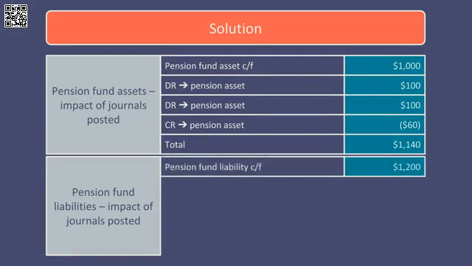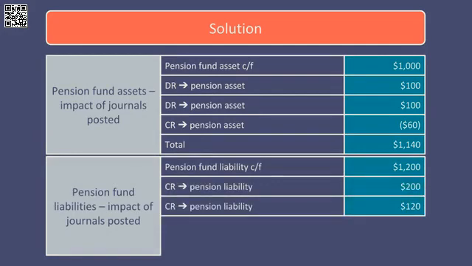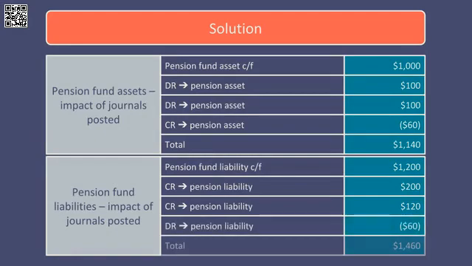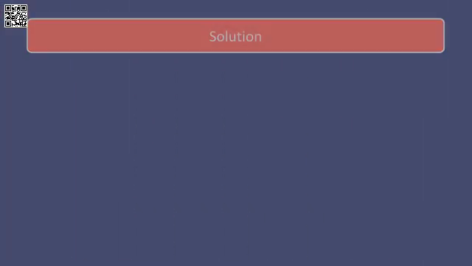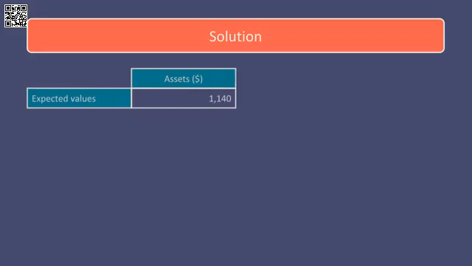Pension fund liability carried forward, $1,200. Credit pension liability by $200, credit again by $120, and debit the pension liability by $60. The total is $1,460. So from the journals we posted, we know that the pension fund assets are expected to have increased from their $1,000 opening balance to $1,140.